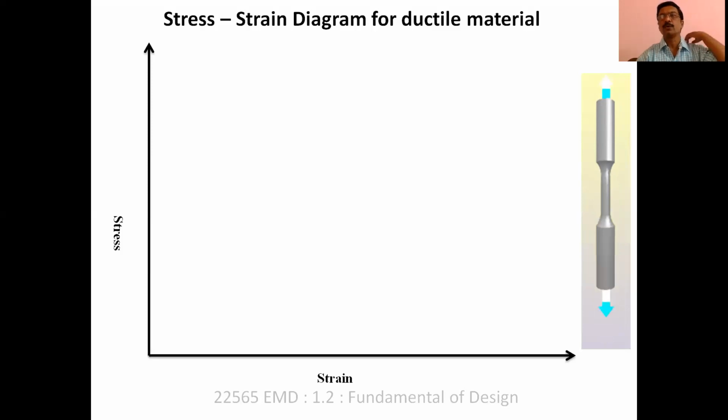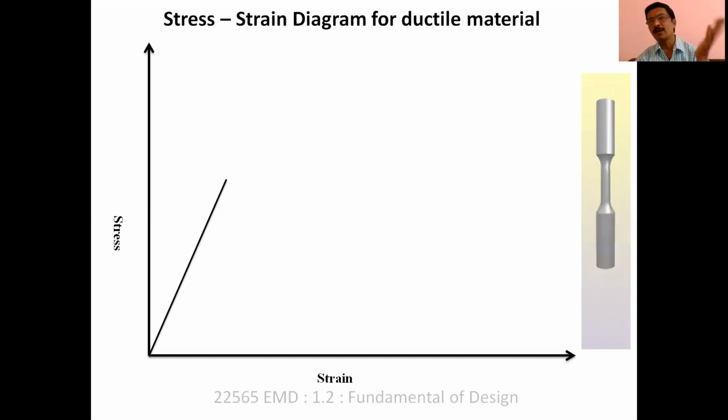I'm going to change the stress value. If you just see the figure, you will find that initially the graph between stress and strain is a straight line. That inclined line has some slope.